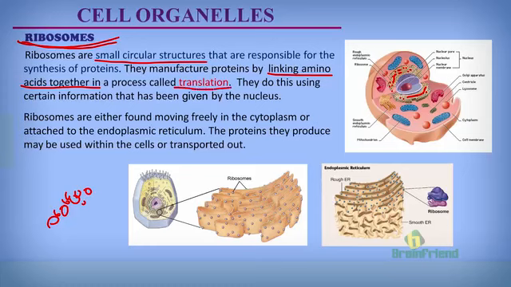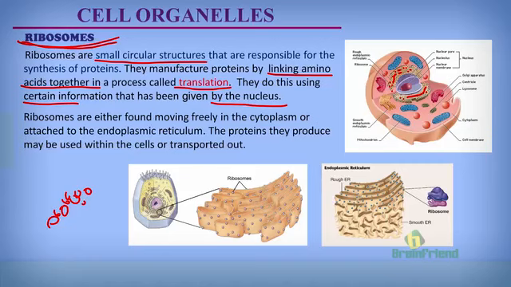Don't forget. And they carry out translation using the information that has been provided by the nucleus. This means that ribosomes do not work alone. They need the nucleus to give them a message. So the nucleus tells the ribosome, go ahead, manufacture protein, and the ribosome goes on to manufacture proteins. Information comes from the nucleus.